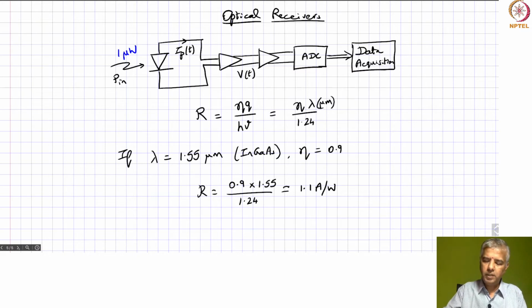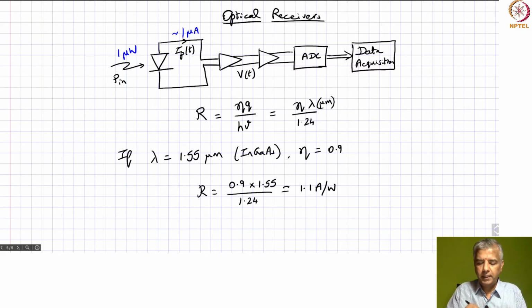What that means is if I have 1 microwatt of power incident on the photodiode, the photodiode would generate about 1.1 microamp of current. So I'll just say approximately 1 microamp of current.